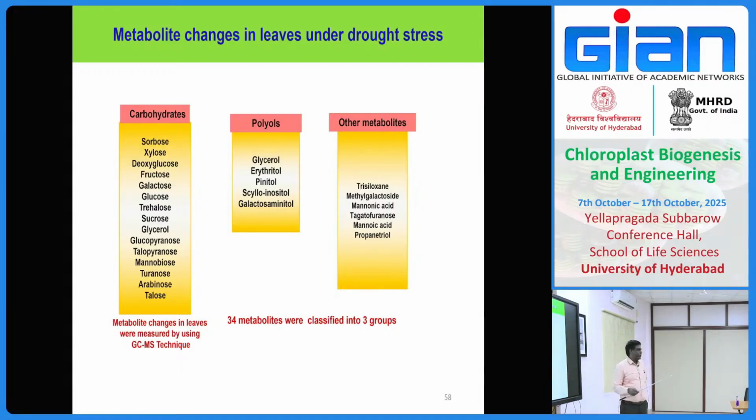So you can play around with these metabolites and improve, or, let's say, they have increased. Maybe you can also manipulate the genes of these specific metabolites. That means you can knock out, or overexpress, or maybe silence them, and see whether you are able to protect.